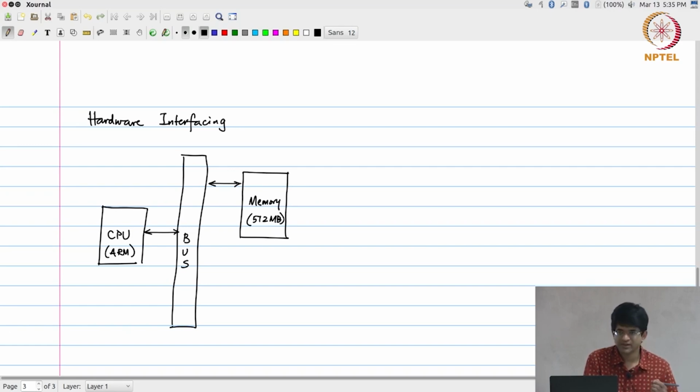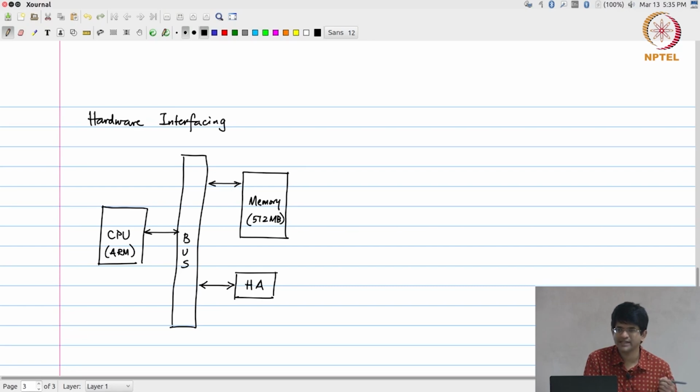Now, what is interesting from our point of view is we finally want to implement our FFT as some kind of a hardware accelerator, which will also then be connected to this bus. So, I am just going to call it a HA, a hardware accelerator. Okay. Now, the question is, the CPU needs to be able to communicate with everything on the right hand side.